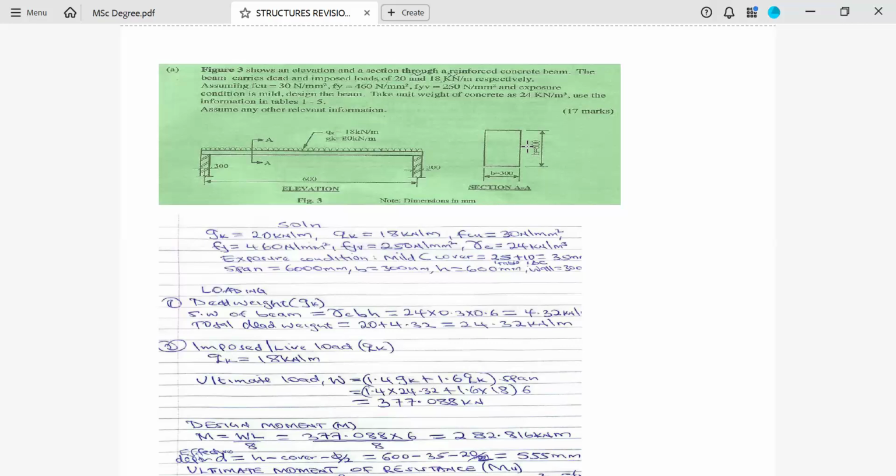From there, we shall move to ultimate load. Ultimate load here, you have a choice. If you choose to use capital W, then you have to multiply the loads by the span to come up with a value in kilonewton. But some books will opt to use small letter w. In that case, you don't multiply the sum with the span, meaning your ultimate load, when it's small w, will be in kilonewton per meter.